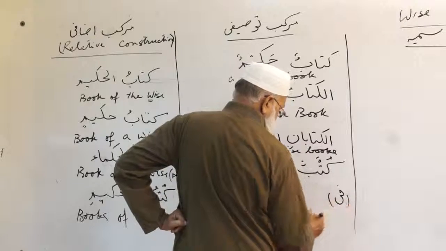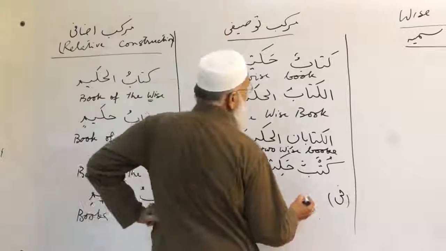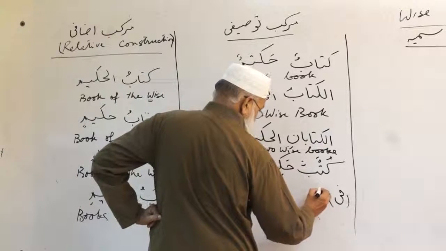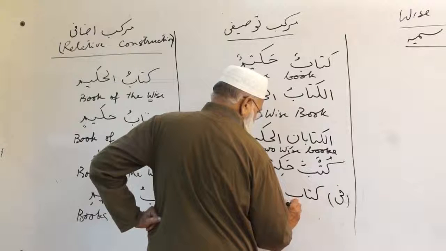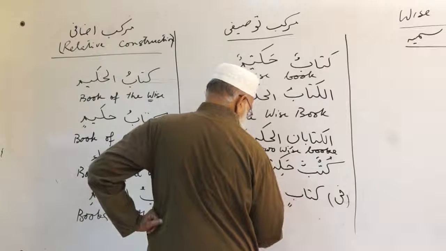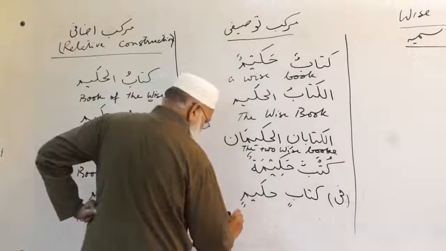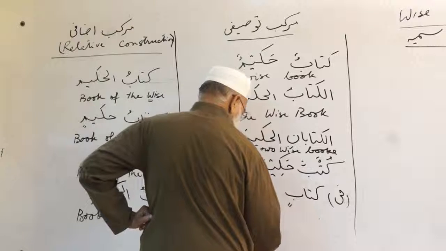We'll study later that fi causes the following noun to go to the jar form. So kitab will turn to jar form, fi kitabin hakimin, in a wise book.